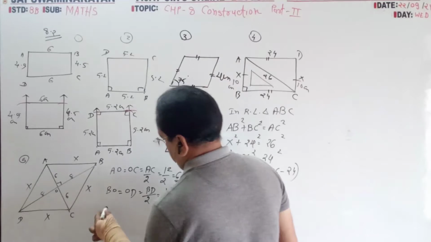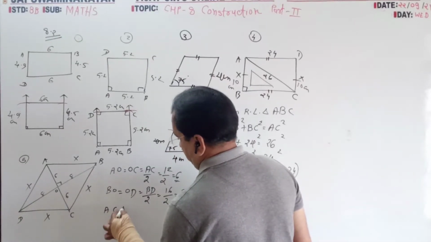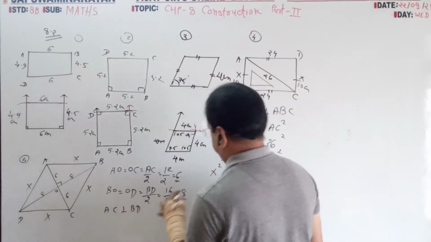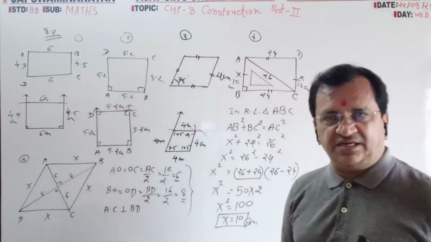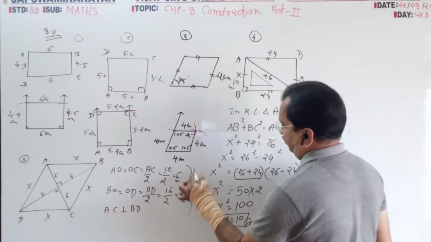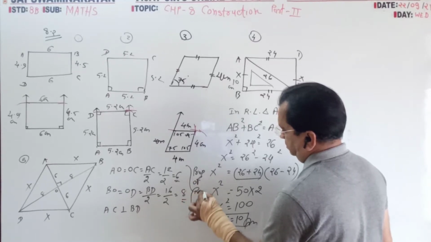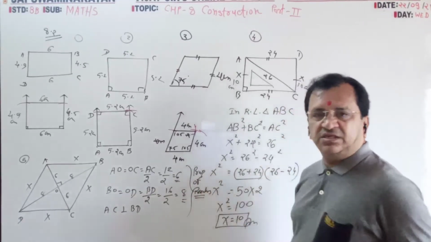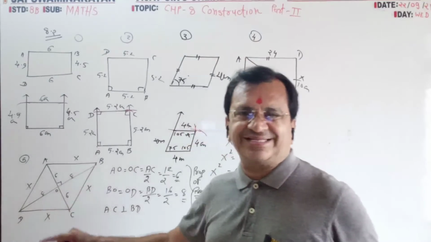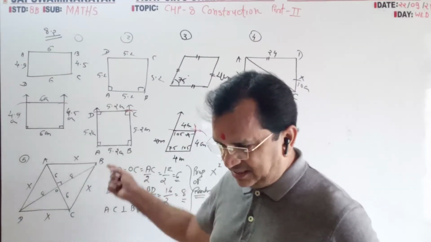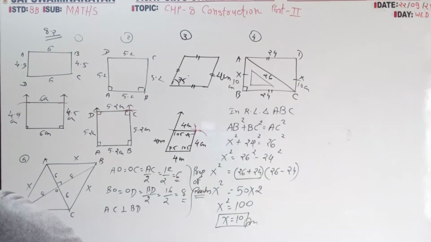And always AC is perpendicular to BD. What is the reason? Property of rhombus. In a rhombus, diagonals bisect each other.